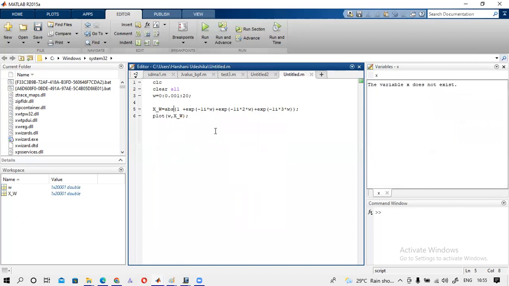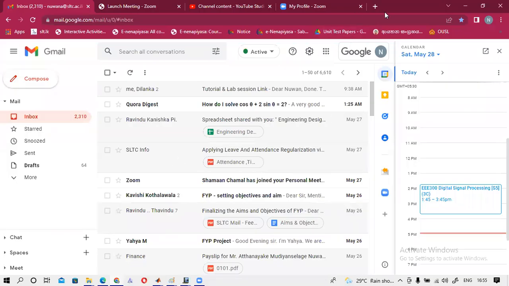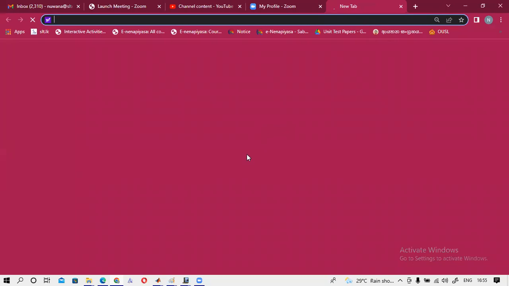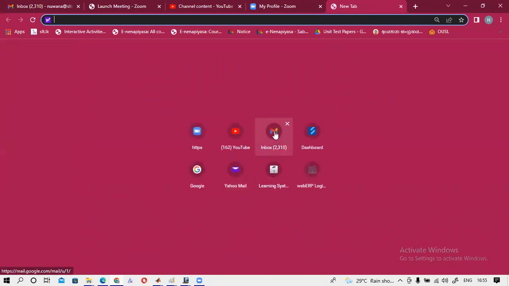I have to get the phase. For phase, I can't remember the command. It should be angle or something.